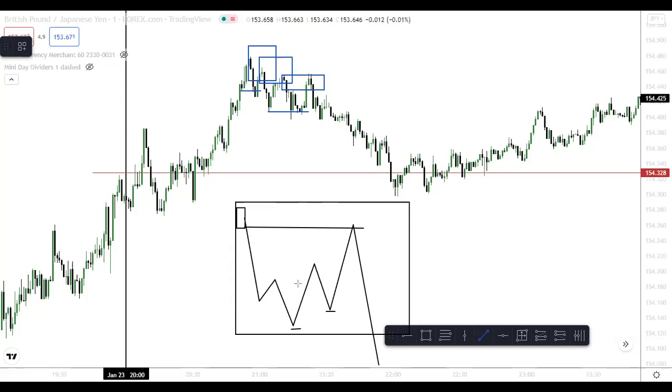This entire fractal can look like, let's use a nice color like this. This can be a candle that looks like this. This is one candle. Maybe the candle gaps up a little bit on a lower time frame. This is another candle.